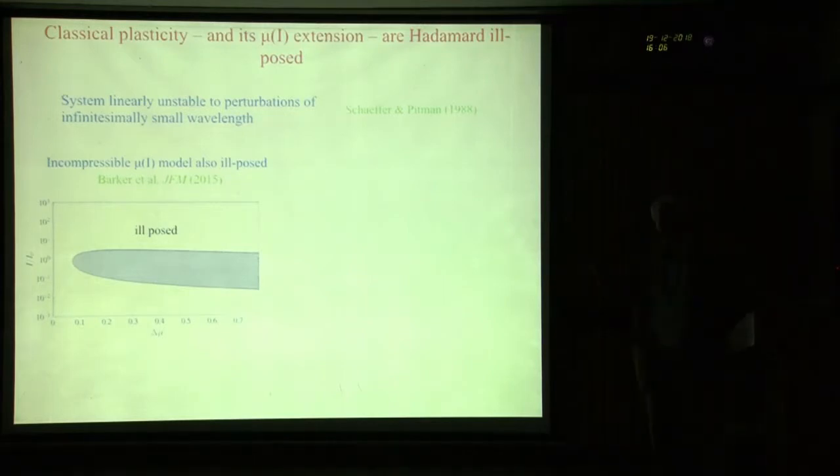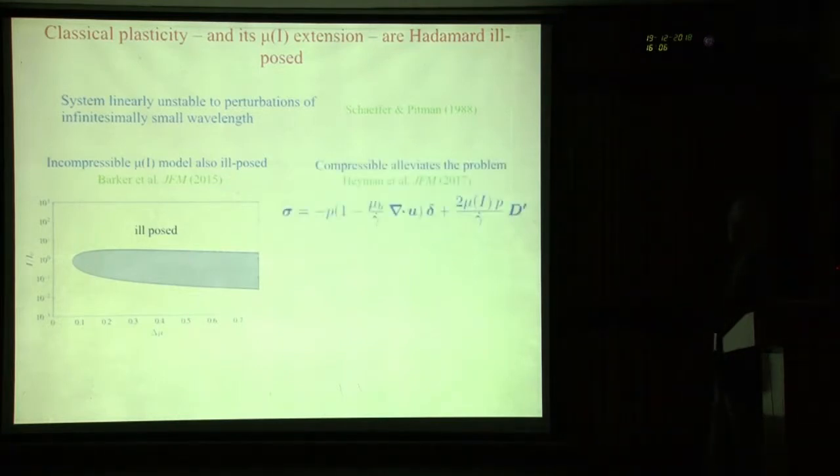So the system is exploding, unlike any other fluid instability, where the growth rate typically goes as k squared, where k is the wave number, as k goes to 0. Here, as k goes to infinity, the growth rate goes as k to the power 4. So it's ill-posed, except in a narrow range of parameter space.